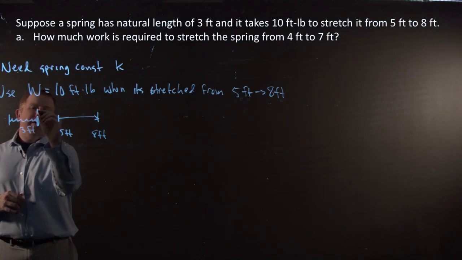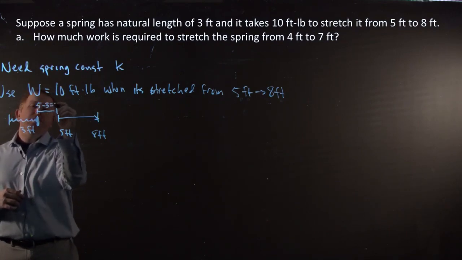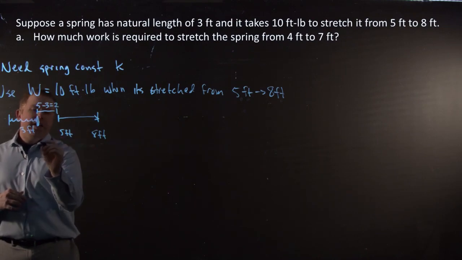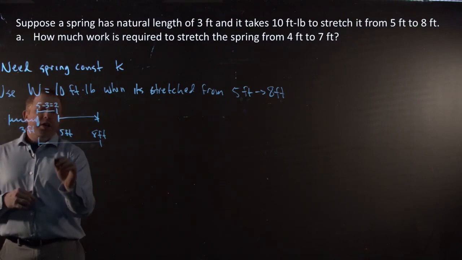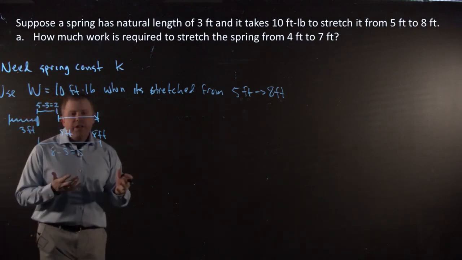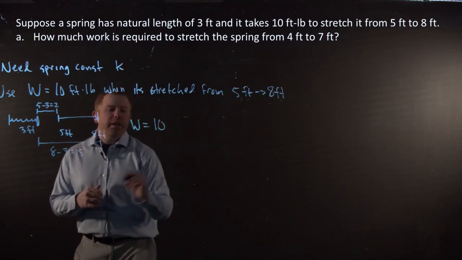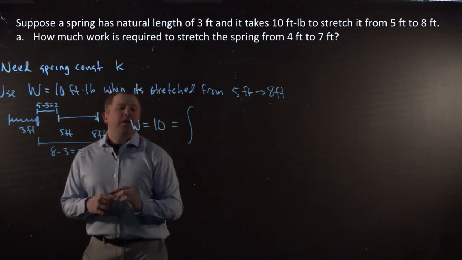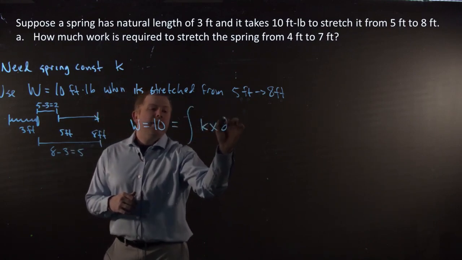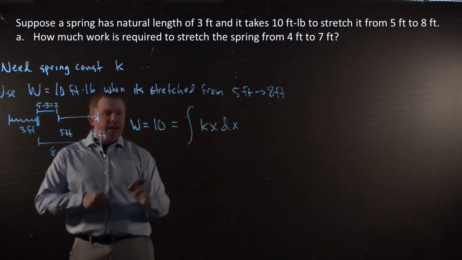So here, this length is going to be 5 minus 3, which is equal to 2. And this length here is going to be 8 minus 3, which is equal to 5. So when I write down this work integral, work is equal to 10, this is going to be the integral of kx dx, and our goal is to get this k. And I'm not going to use 5 and 8.